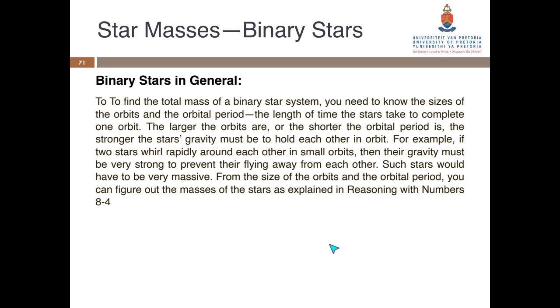For example, if two stars whirl rapidly around each other in small orbits, then their gravity must be very strong to prevent their flying away from each other. Such stars would have to be very massive. From the size of orbits and orbital period, you can figure out the masses of the stars, explained in Reasoning with Numbers 8.4.